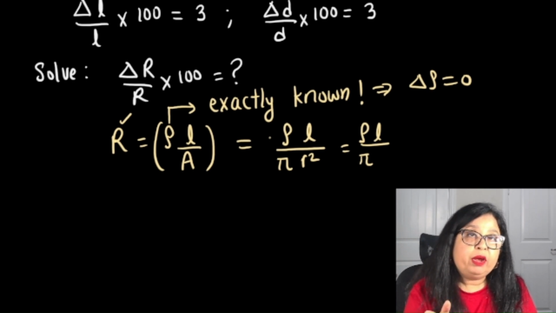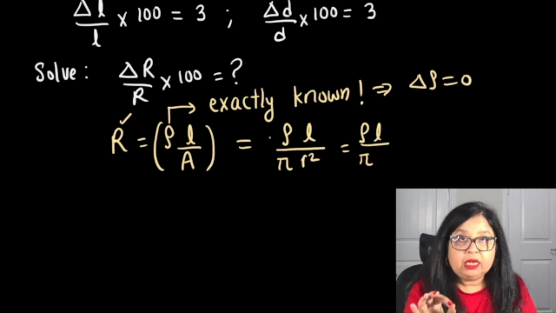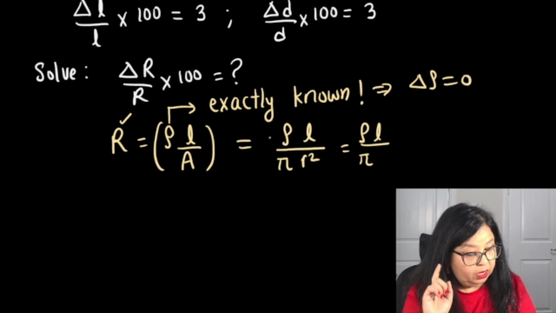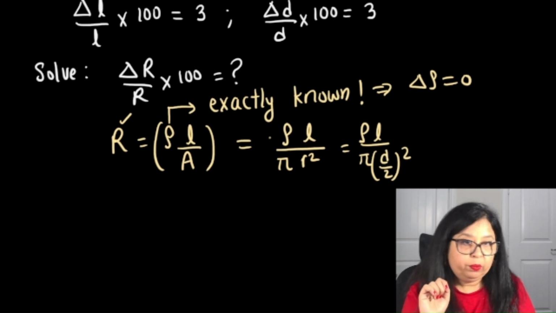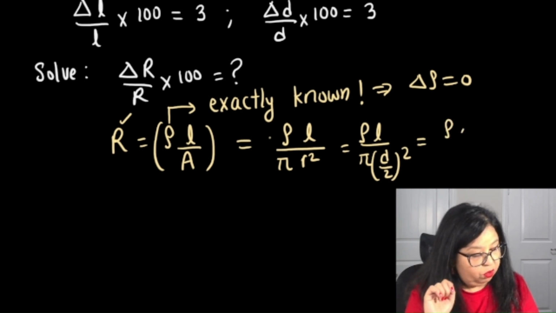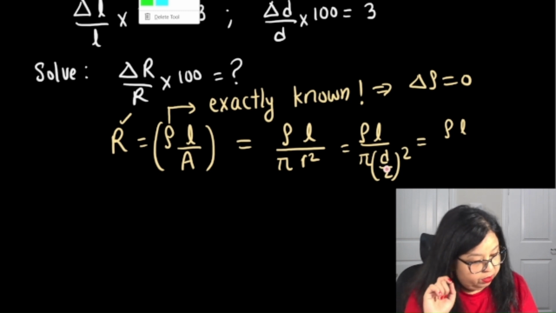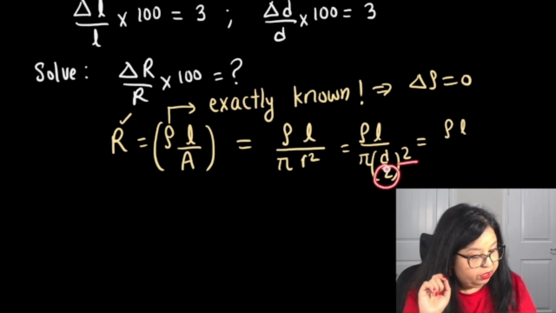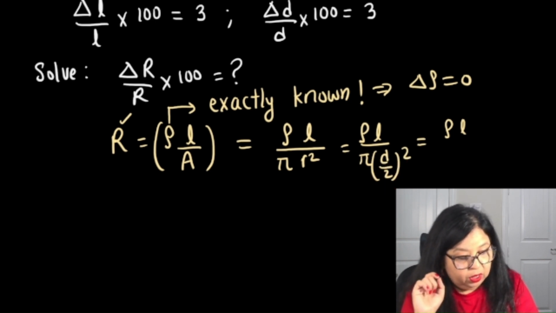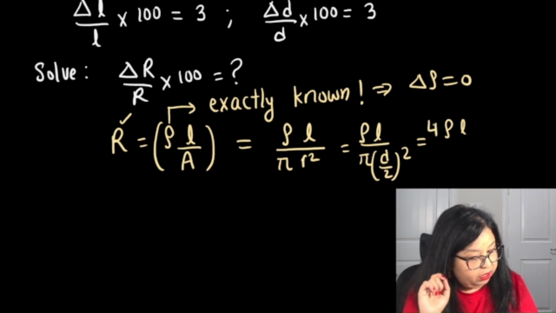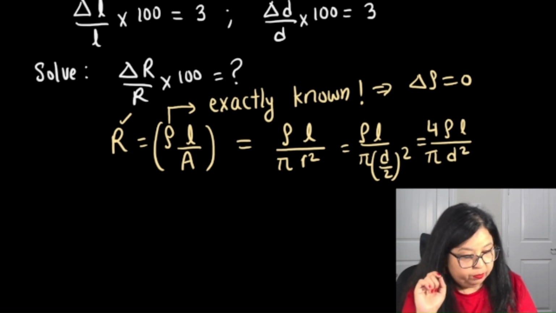So let's write R, the radius, in terms of the diameter D. R is equal to D over 2. So this gives us rho L over, in the denominator, this 2 squared gives you 4, so that becomes the numerator, so we get 4 rho L over pi D squared.